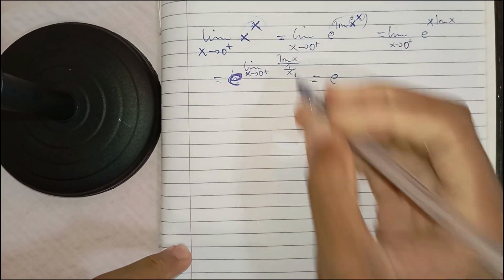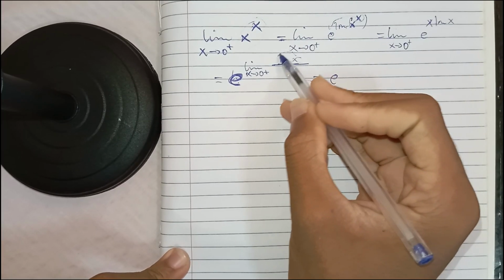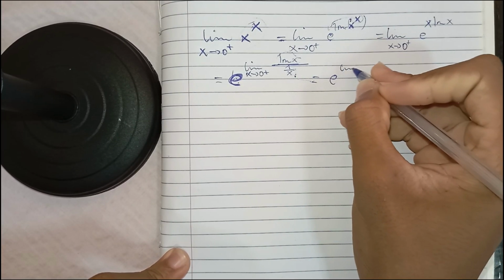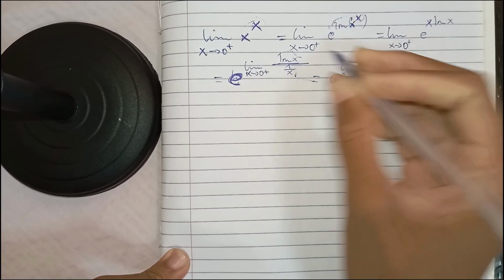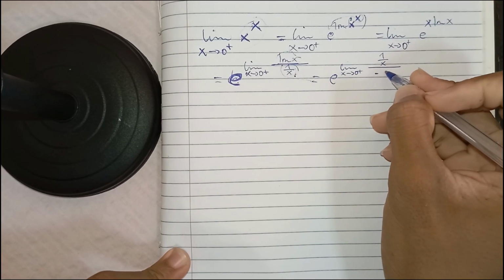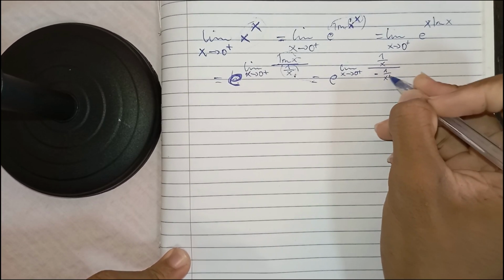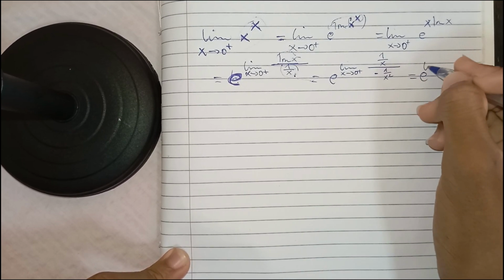If we differentiate, don't forget, we differentiate the numerator. What do we get? We get 1 over x, and we differentiate the denominator, we get minus 1 over x squared.